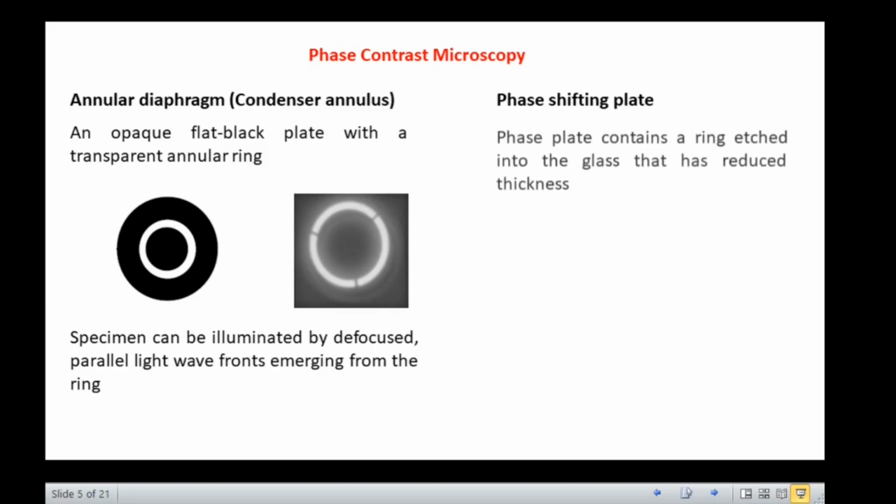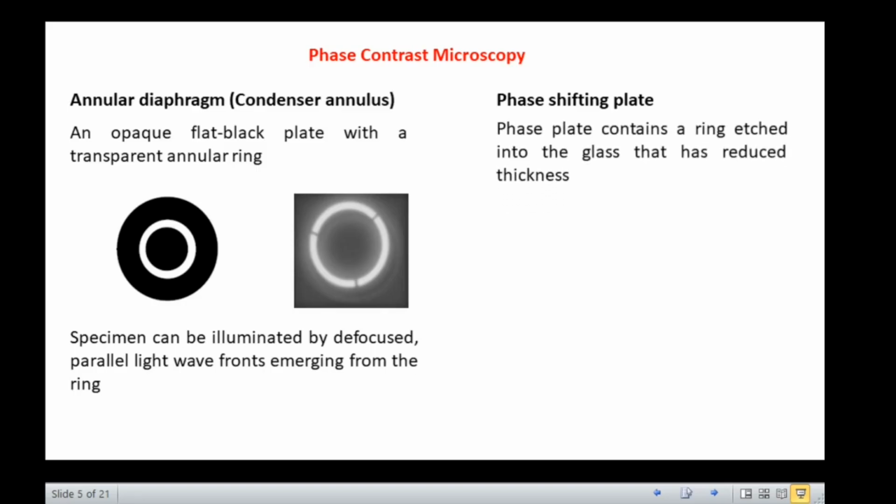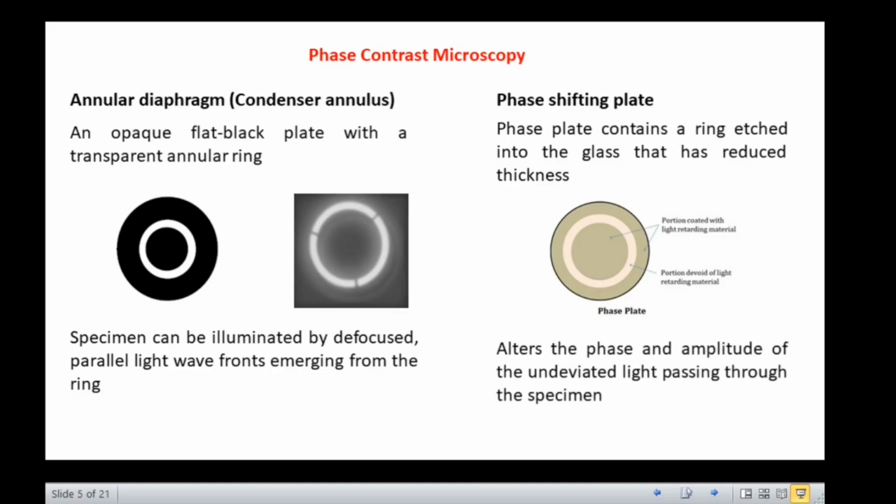The phase plate contains a ring etched into the glass that has reduced thickness in order to differentially advance the phase of the undeviated wave by a quarter wavelength. The phase shifting plate is mounted in or near the objective rear focal plane in order to selectively alter the phase and amplitude of the undeviated light passing through the specimen.